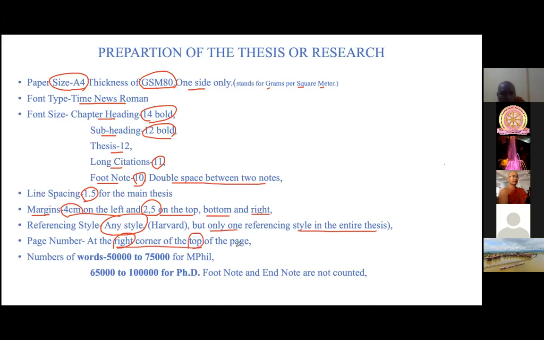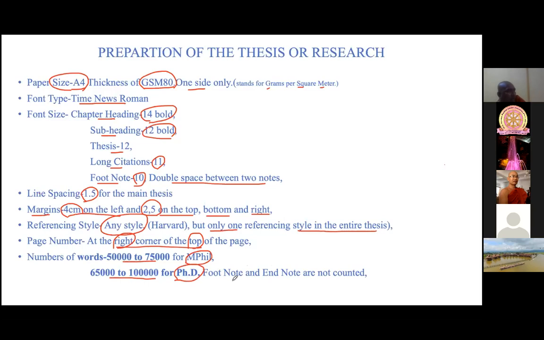Number of words: 50,000 to 75,000 for the master's level. If you are doing your research at that level, the word limit is 50,000 to 75,000. But for PhD level, it is 65,000 to 100,000.